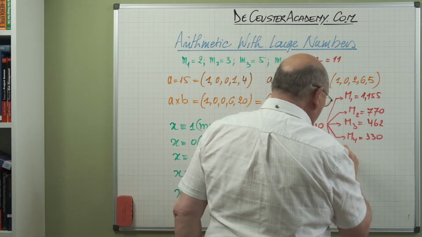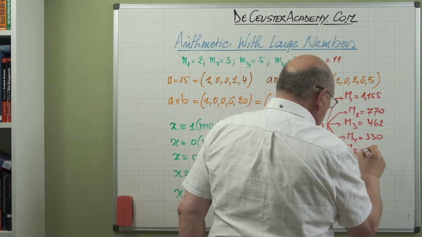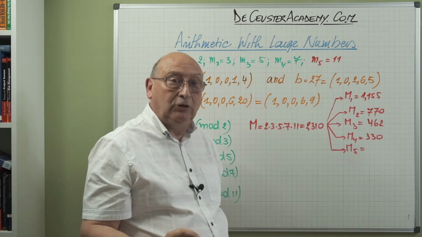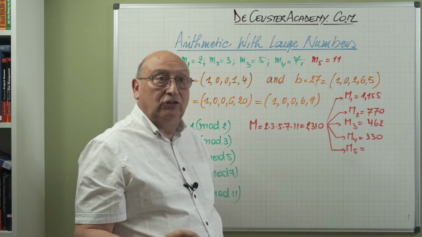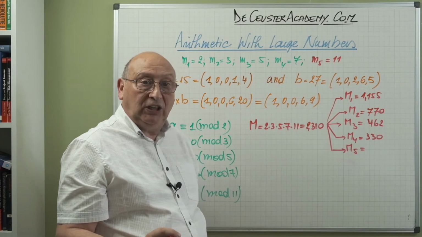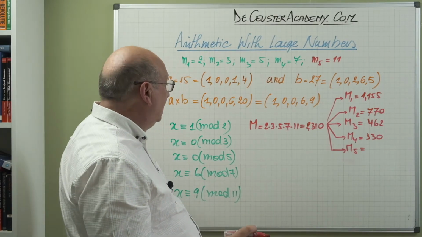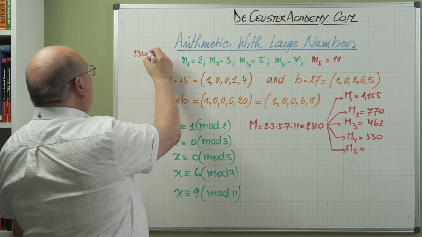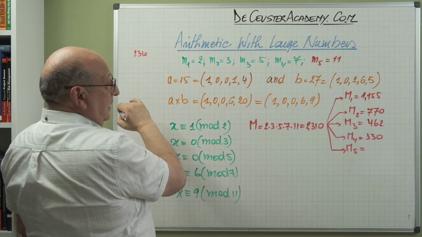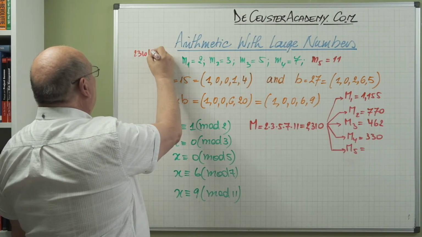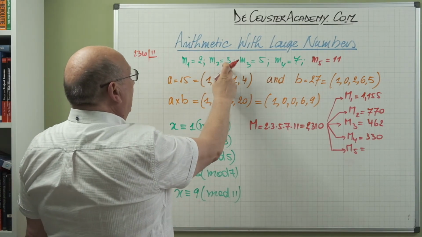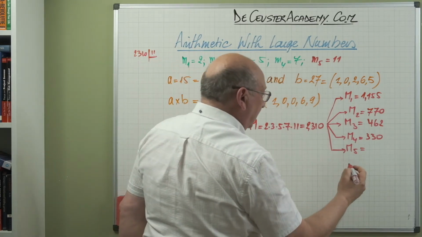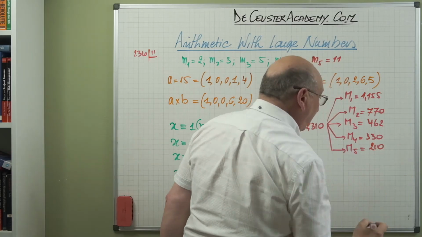And then m5 is equal to 2310 divided by 11. So we have 2 times 3 times 5 times 7, so that's the 210 that we had before.